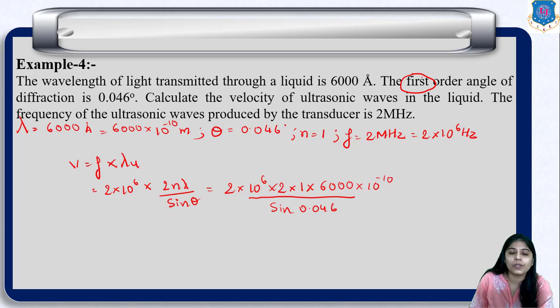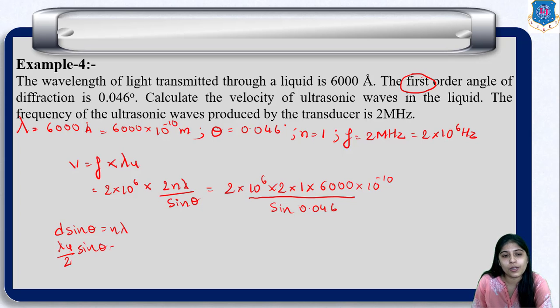Okay, so we know that in acoustic grating method there was a condition that d sine theta is equal to n lambda, right? So this d is nothing but lambda u by 2. So from this equation this formula came, lambda u is equal to 2n lambda by sine theta.